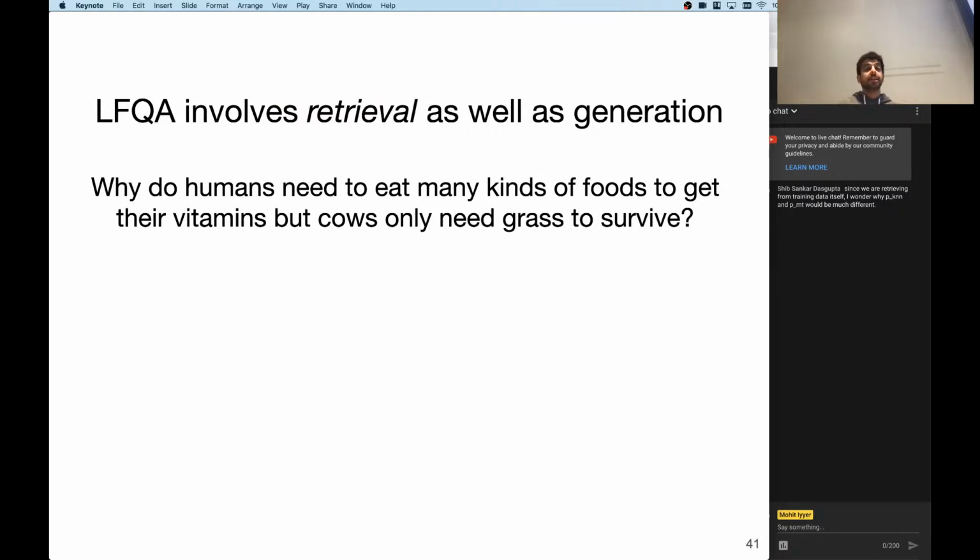So this task of long form question answering, or LFQA, involves both retrieval as well as generation. Again, we can't expect that any language model has all of the knowledge necessary to answer any arbitrary question on the subreddit, especially since some of them are complicated and require expert knowledge.